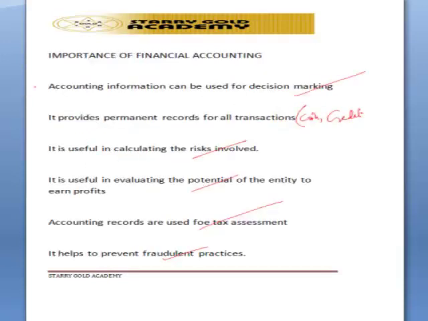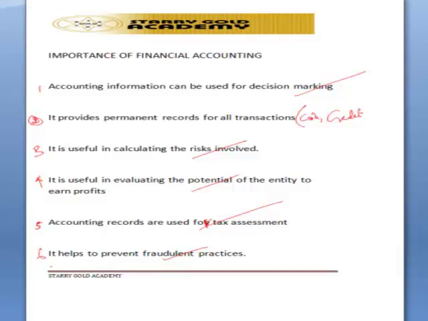financial accounting. One, we said this accounting information can be used for decision making. Secondly, it provides permanent record for all transactions. Thirdly, it is useful for calculating the risk involved. Fourth, it is useful in evaluating the potential of the entities to earn profit. And 5, accounting records are used for tax assessment.